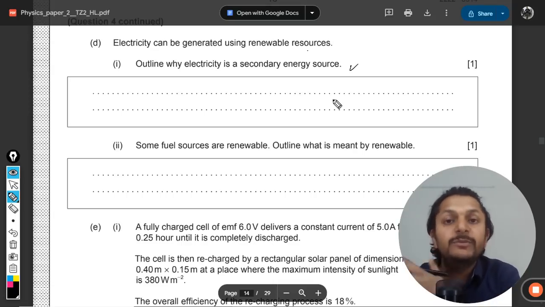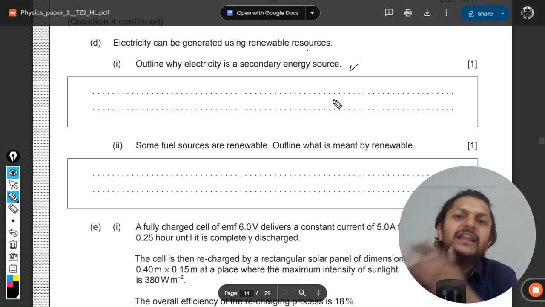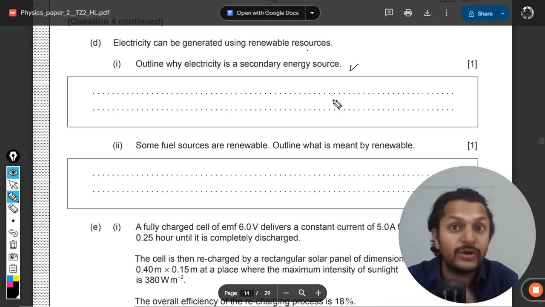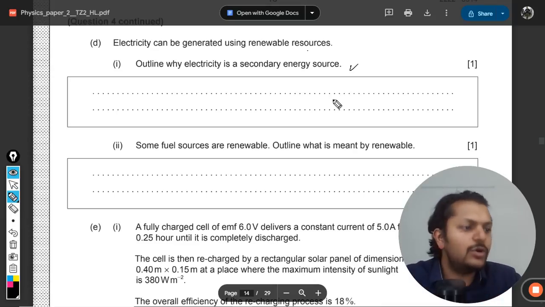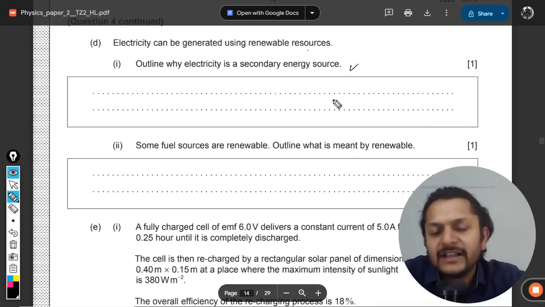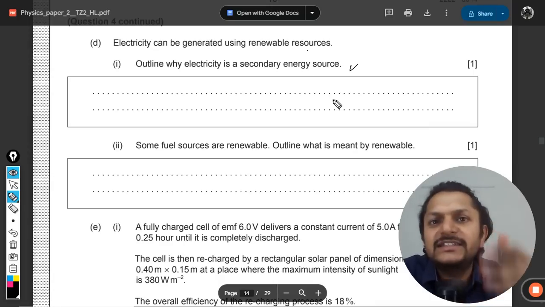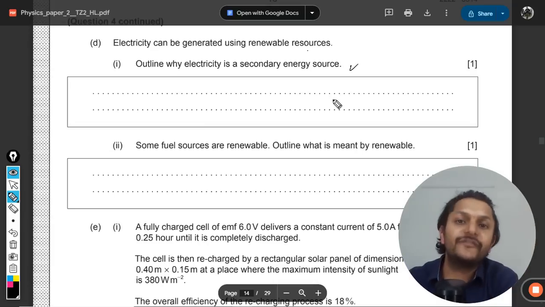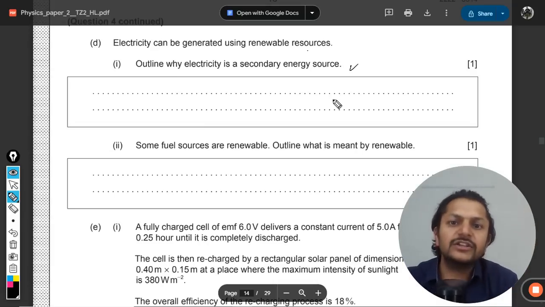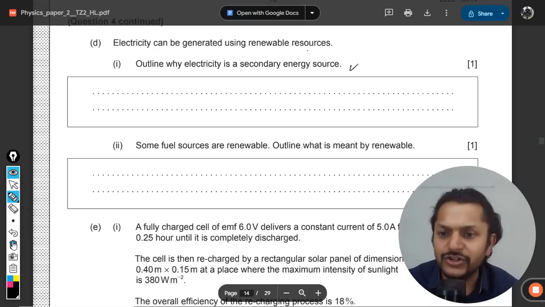So first you would be burning a primary source and then electricity will be generated. Like you are burning coal in a thermal power plant and electricity is generated, and then you are using electricity for certain things. So that is why electricity is the secondary source of energy, because it is at the second level, not at the first level. Okay, so that is the secondary source of energy.